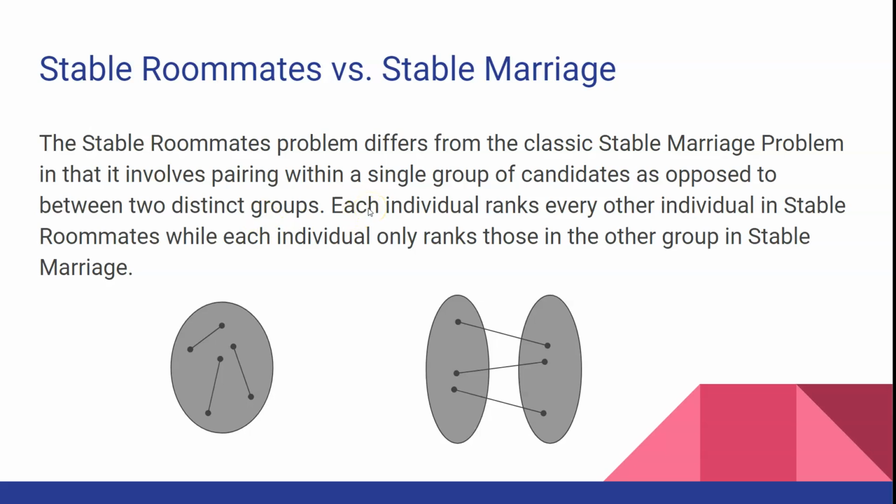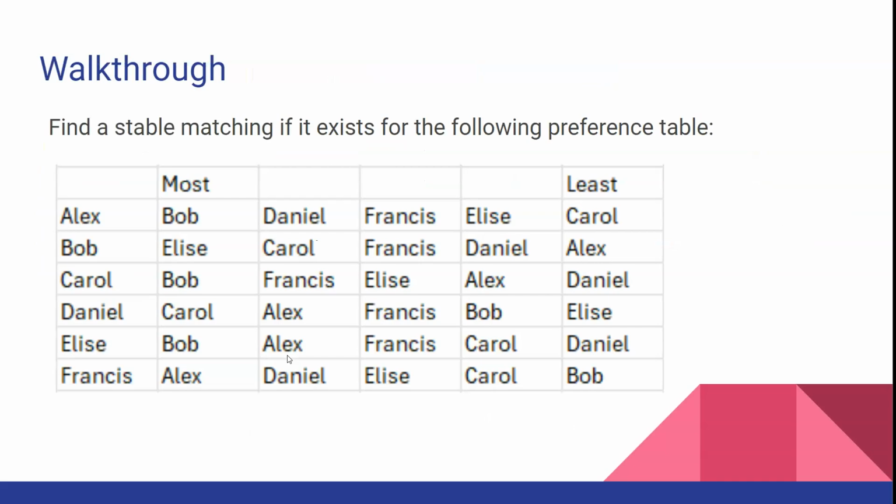Each individual must rank every other individual in the stable roommates problem, while each individual only has to rank those in the other group for a stable marriage. This figure on the left is a representation of the stable roommates problem, while the figure on the right is the stable marriage problem. The stable marriage problem is more of a bipartite matching, while in stable roommates, as you can see, you're matching within one group or set.